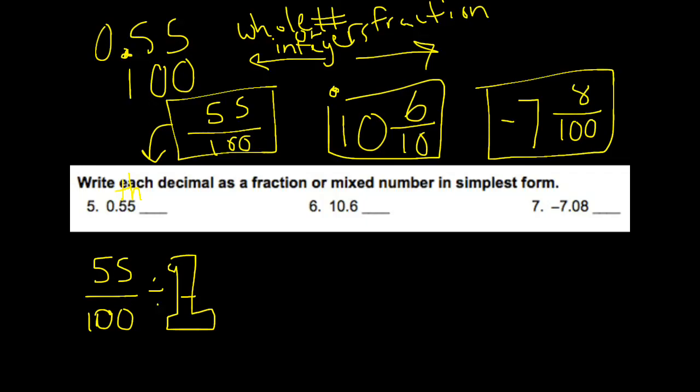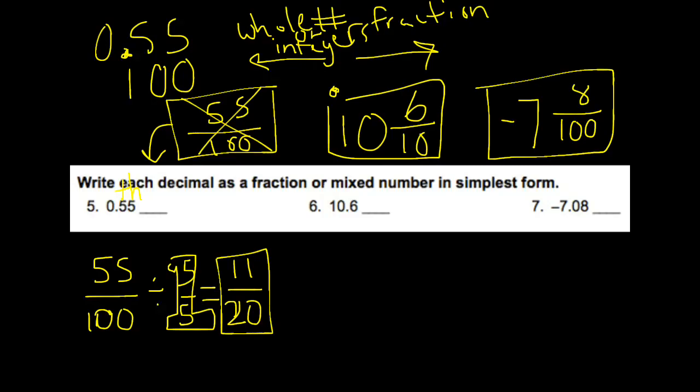So I think 5 can go into 55, and 5 can also go into 100. 55 divided by 5 is 11, and 100 divided by 5 is 20. So that's my final answer, not 55 over 100, because I didn't simplify it.